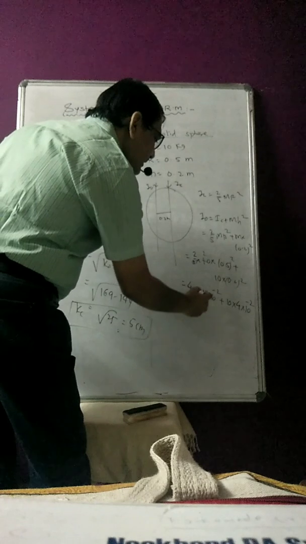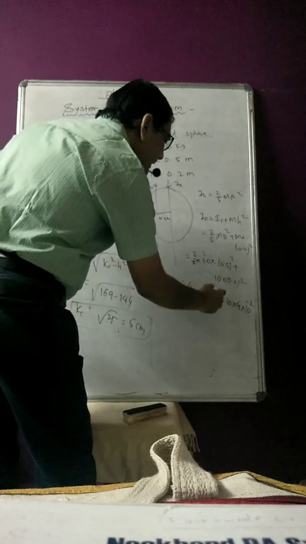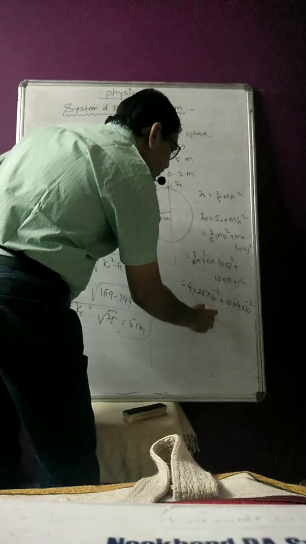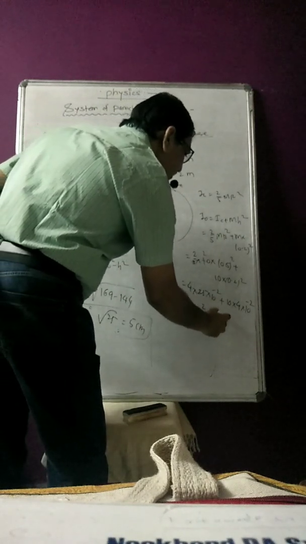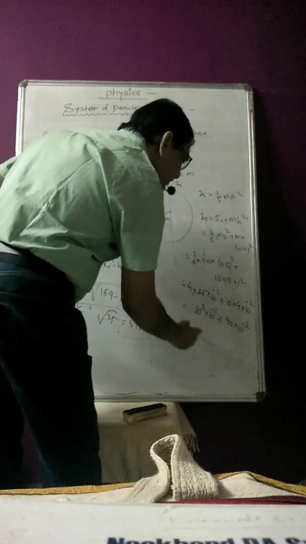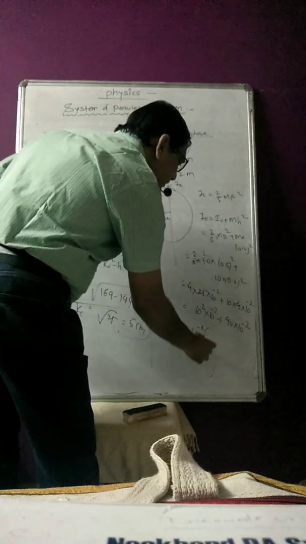Calculate that answer. 25 4s are 100, 10 raised to minus 2. Here 40 into 10 raised to minus 2. So 10 raised to minus 2 will be common.